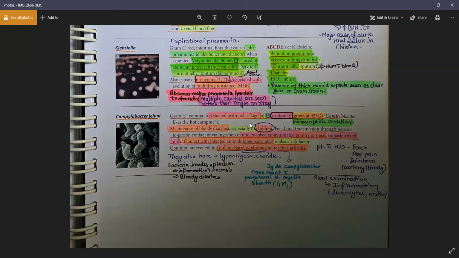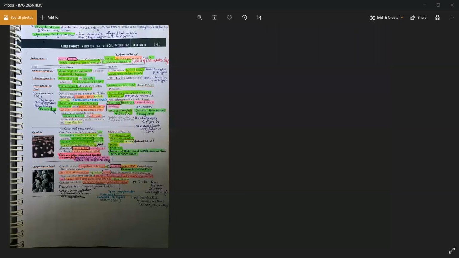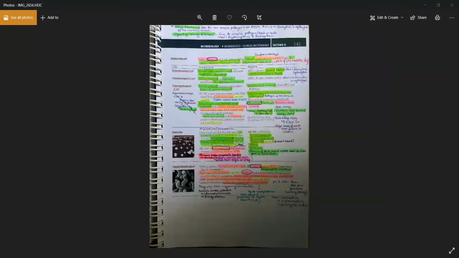Okay, and who will harbor the infection? It would be poultry, it could be your dogs, your cats, your pigs. So what infections do they cause? Very important. It causes enterocolitis, which causes bloody diarrhea, and you need to know it is the most common cause of bloody diarrhea in children.